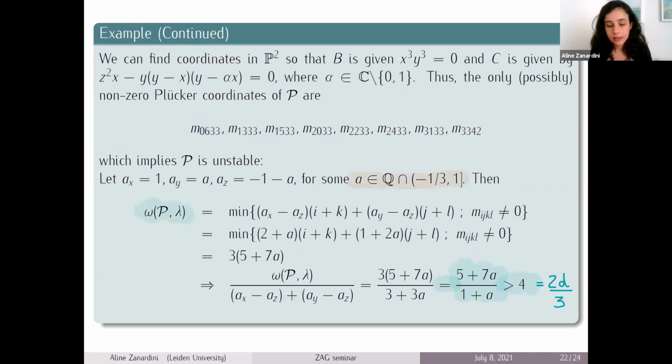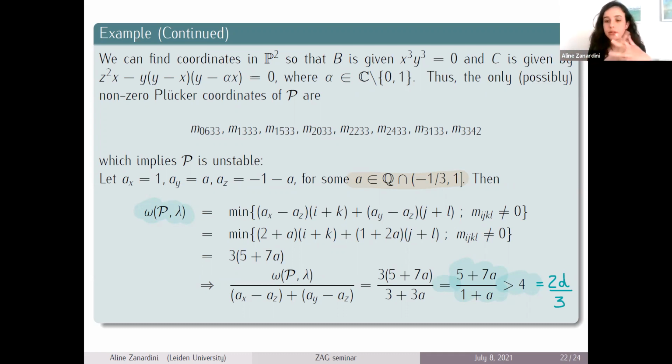And then what I do is look at the Hilbert-Mumford criterion. So what I have to estimate is this fraction involving the omega, and it turns out that this is (5 plus 7a) divided by (1 plus a). And because I chose a in that interval, this is greater than 4.